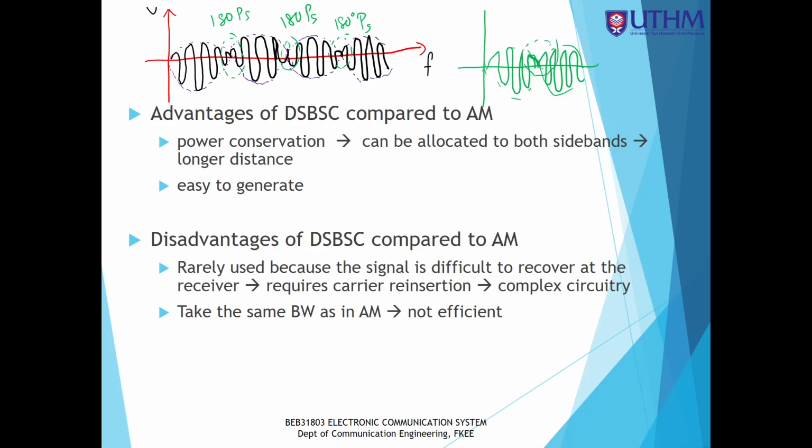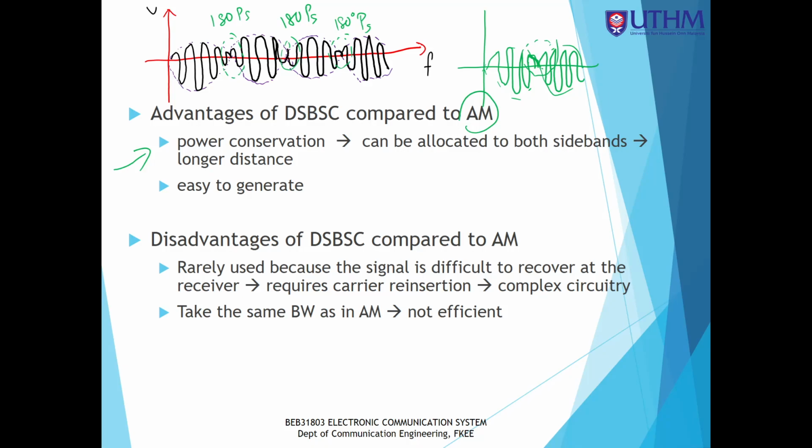Okay, and then what? So I continue again. Advantage of double sideband suppressed carrier compared to AM, compared to double sideband full carrier. So what is the advantage of suppressed carrier compared to the full carrier? First, it is power conservation. It consumes a small amount of power.